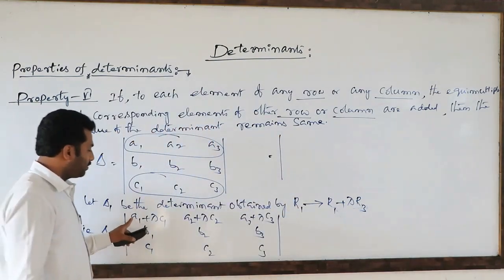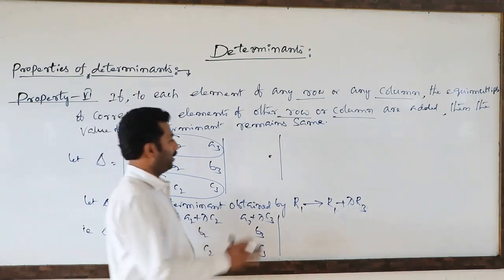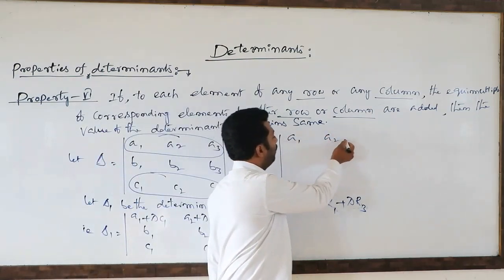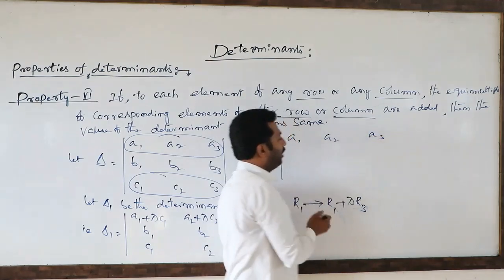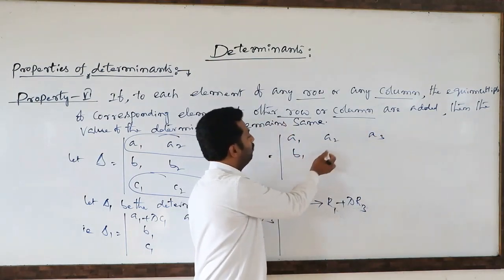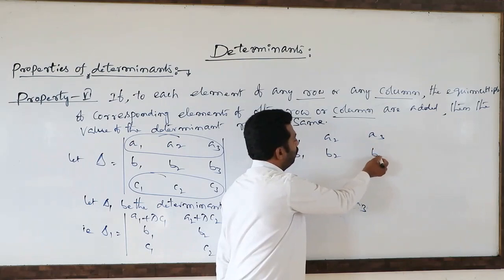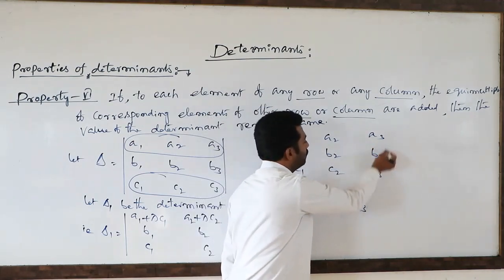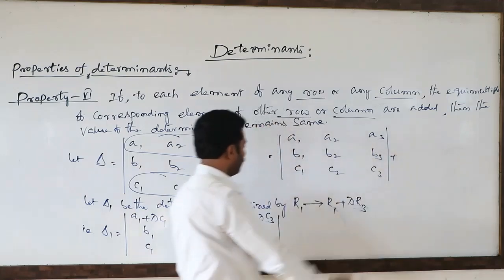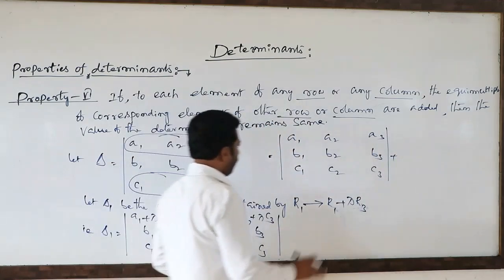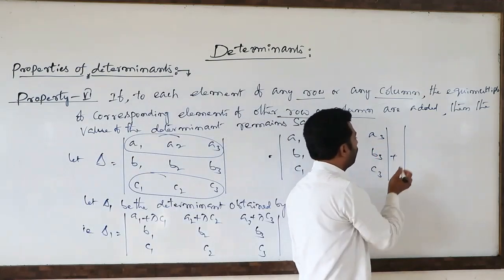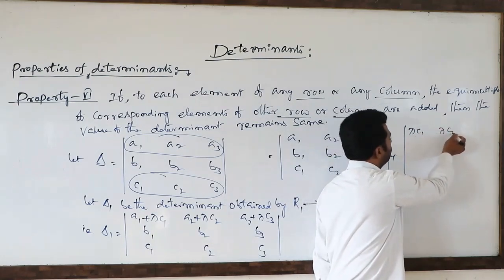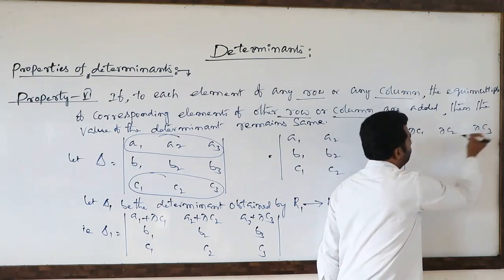So for the first determinant, I have to take the first elements: A1, second element A2, third element A3. Then this is B1, B2, B3, C1, C2, C3, plus. Again what do I have to write here? The second determinant: lambda C1, lambda C2, lambda C3.